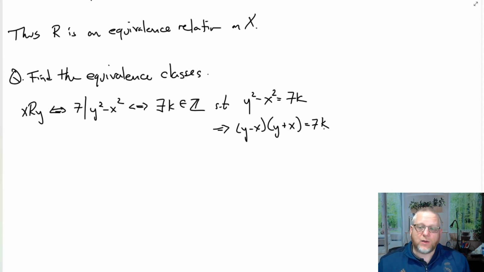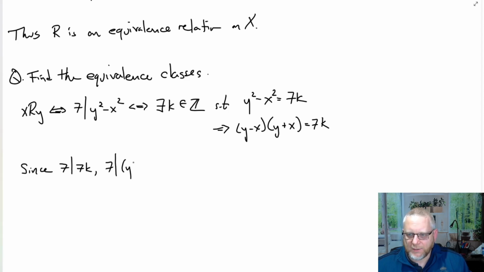Great. Now, notice that 7 is prime. So the only way that y minus x times y plus x would equal 7 times anything is if, well, let's put it this way. Actually, yeah, let me write that. It's not a bad way to write it. Since 7 divides 7k, it's kind of silly. 7 divides that whole part, y minus x, y plus x.